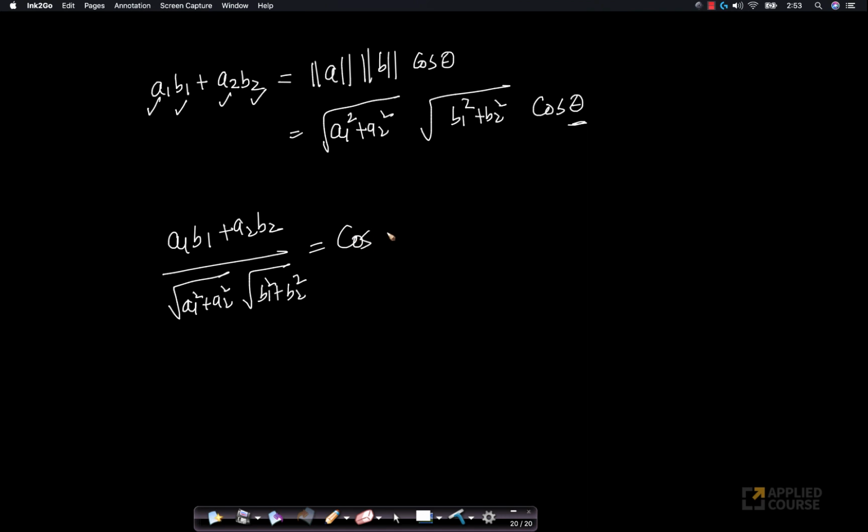This is equal to the cos of the angle between them. When I compute this expression, I can take the cos inverse of it to obtain the angle between them.